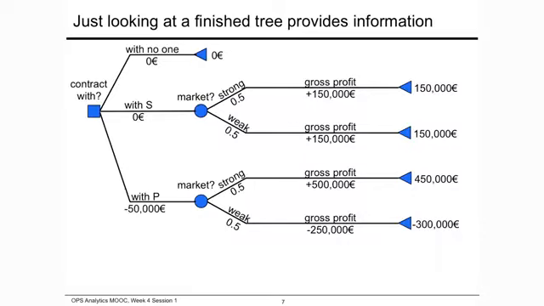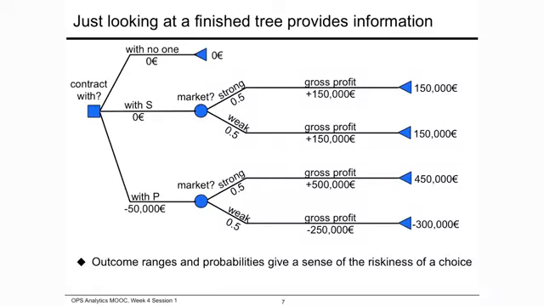If we compare the outcomes with supplier S or with ordering from no one, you can see that both provide sure profits. Ordering from no one provides a sure profit of 0, whereas ordering from supplier S provides a sure profit of 150,000. In that sense, looking at the tree gives us a sense of the risk as Sergey had defined it in week 3.